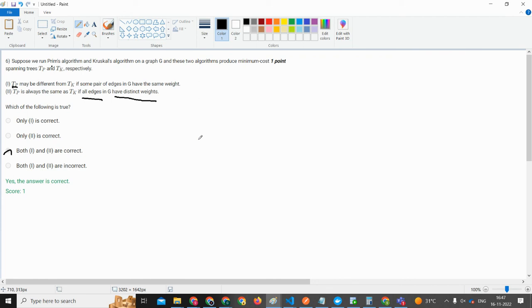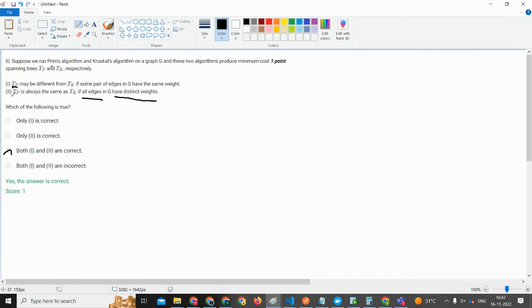A tree can be different. And second option, TP is always the same as TK if all edges in G have distinct weights. Sir, can you take an example? Why do they become equal? Sure.